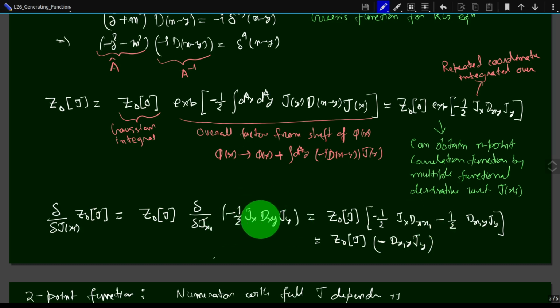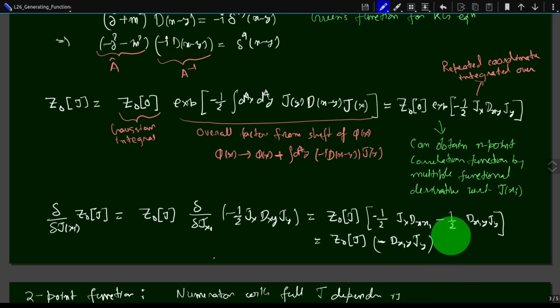Now you see here two coordinates, x and y, were repeated. That means this was the full double 4-dimensional integral. Now one derivative brings one delta function and one of the integrals disappears, so it becomes one integral still. The integral d4x is still alive in this expression.